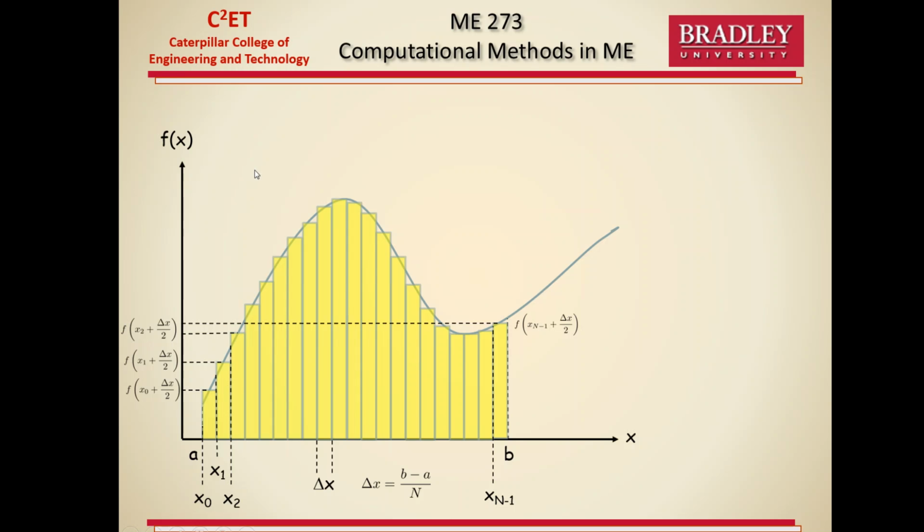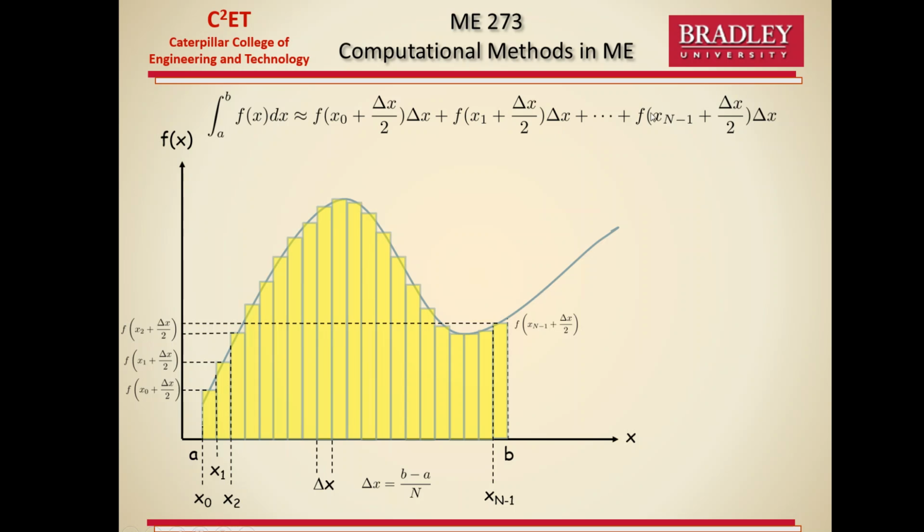So this expression up here represents, on the right-hand side, the area of each successive rectangle starting with the first one. So here is the area of rectangle 1, area of rectangle 2. You can see that common factor delta x.